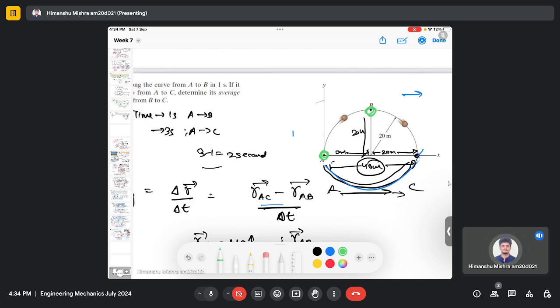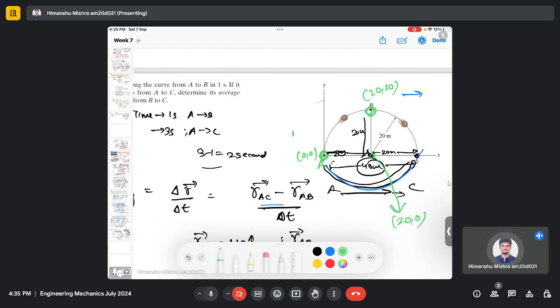And what are the coordinates? Here the coordinates are 0, 0. This is at origin A, and here the coordinate is 20, 20. Because in the x direction we saw that this is 20 from A, this coordinate is 20, 0.